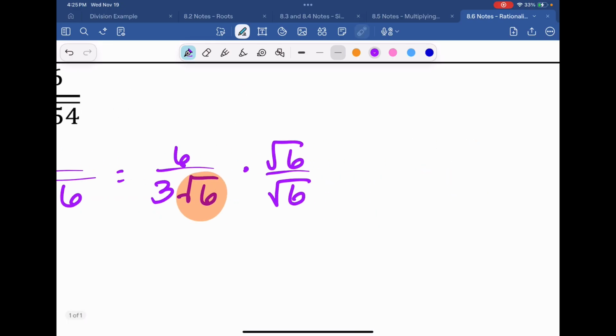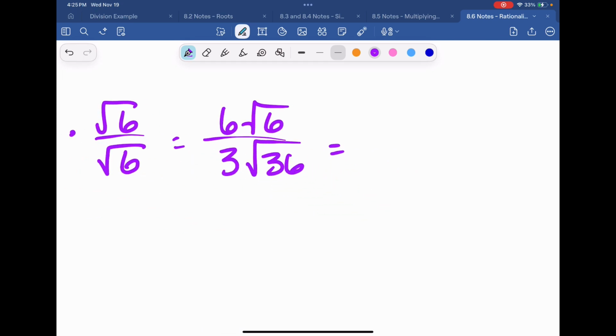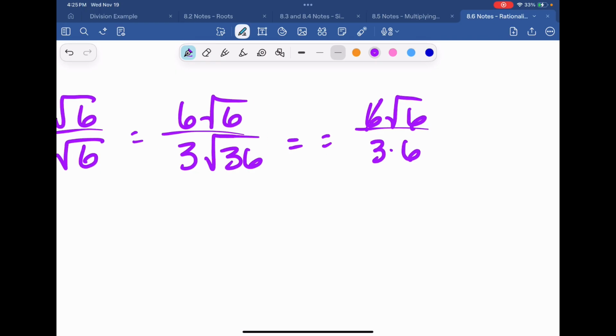So multiply 6 by root 6, and root 6 by root 6. And the square root of 36 is 6. 6 goes on itself.